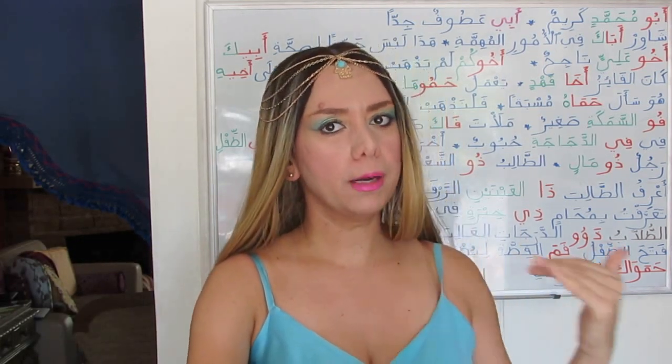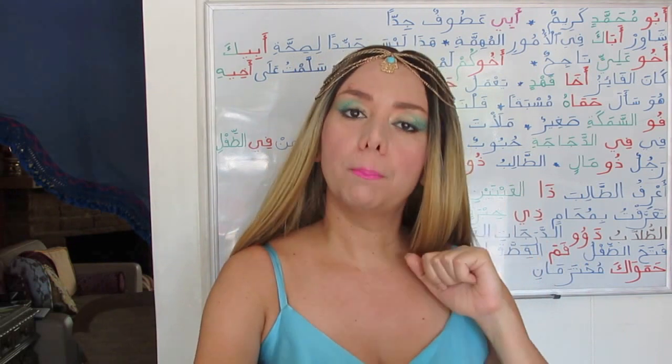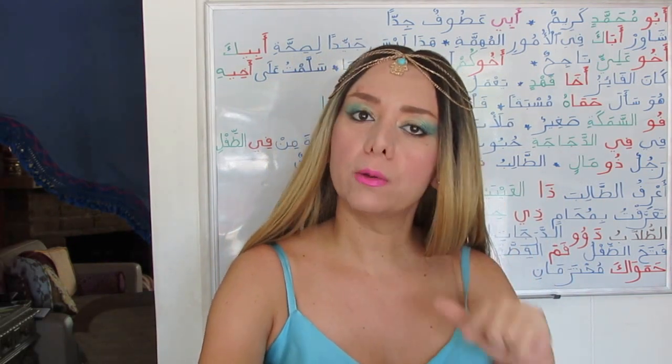Since they act as first terms of the genitive construction, al-idafa, they have to be followed by an apparent noun or a possessive pronoun suffix other than the first person singular, the ya, the one referring to what is in my possession, like kitabi, my book, qalami, my pen.